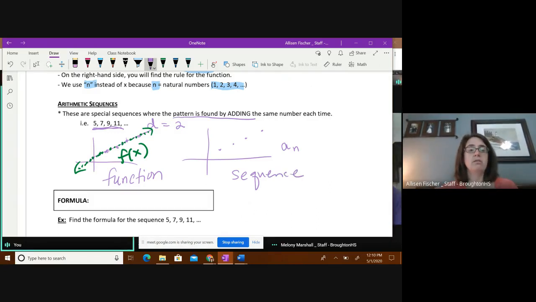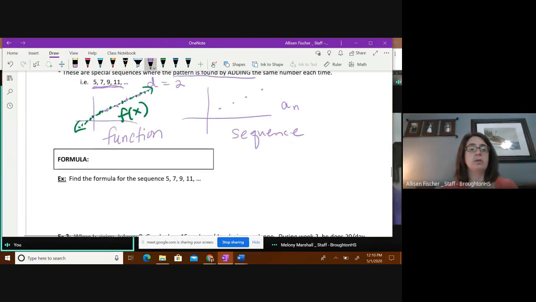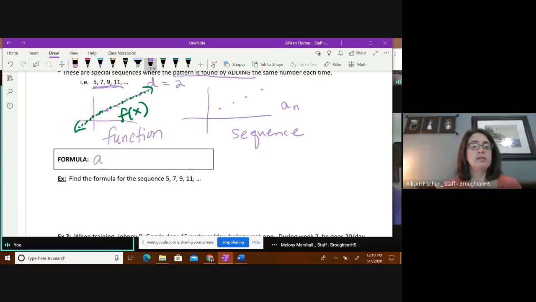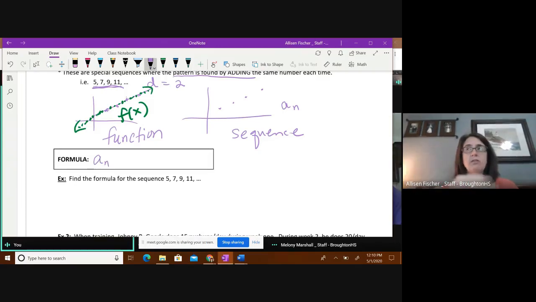All right, so the formula for arithmetic sequences, we're going to write down A sub n, and you don't have to use A. Again, you can use B, you can use C, just like you can do f of x, g of x, h of x.